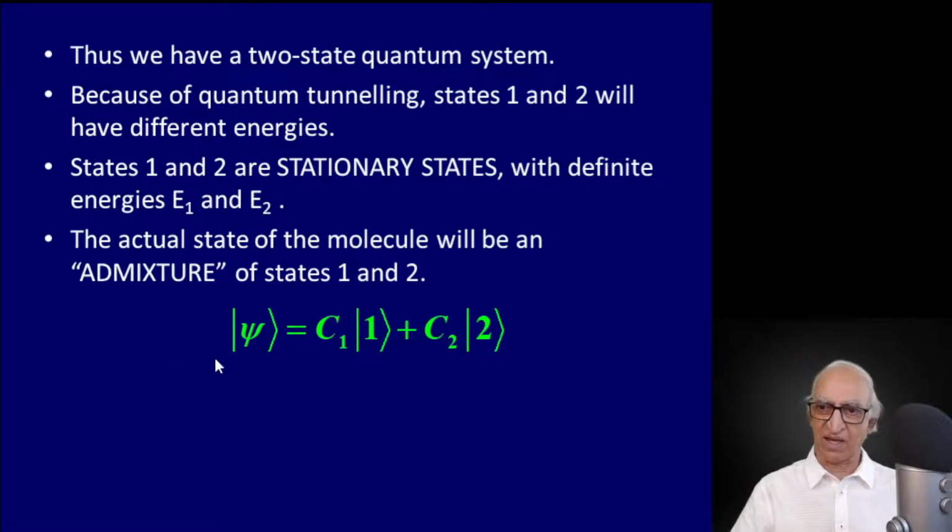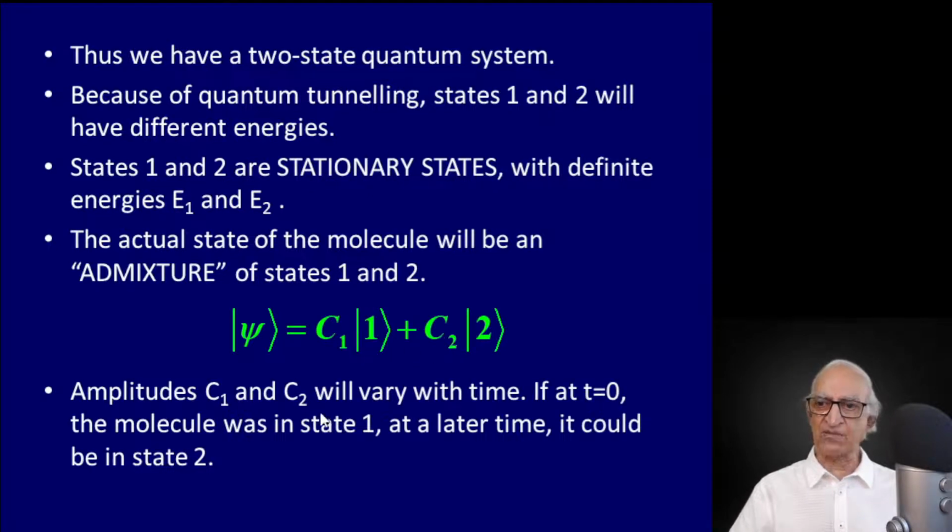So the amplitude or the wave function of the ammonia molecule will be a sum of two terms. One is the amplitude that the ammonia molecule will be in state 1 with the coefficient C1, and the wave function of the ammonia molecule in state 2 with an amplitude C2.